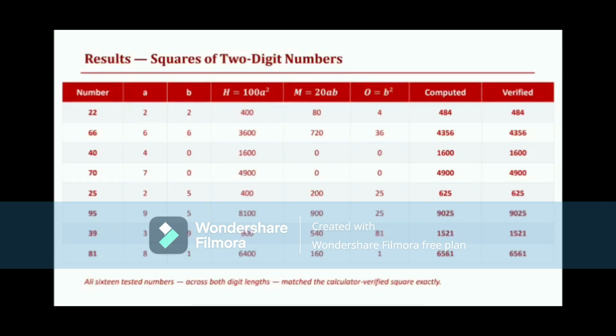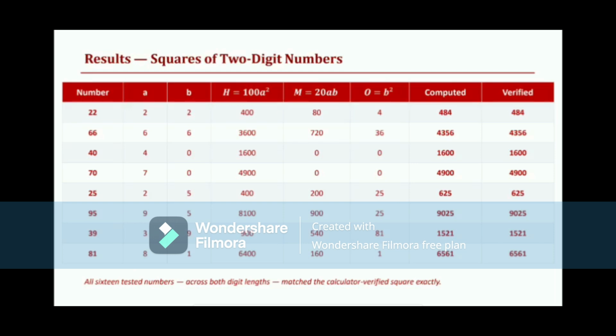I am Kelly Jones Kistoy and I will continue the report from this point forward. For the results, this section shows the results obtained from applying the digit separation method to various 2-digit and 3-digit numbers. Each number was solved using both the conventional multiplication algorithm and the proposed digit separation method, and the results were verified using a scientific calculator.